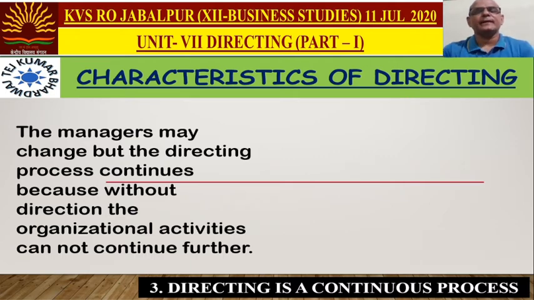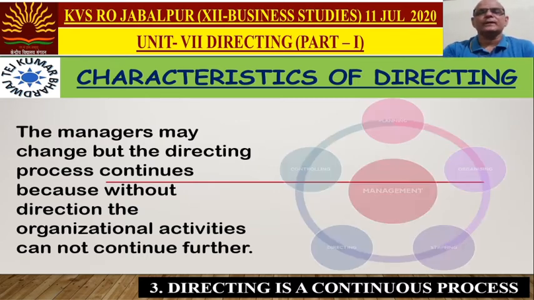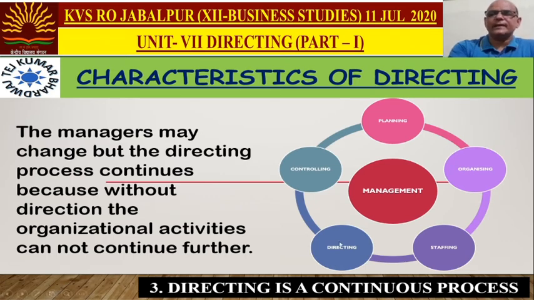It means it is a continuous process. So managers may change, but the directing process continues. Without direction, the organizational activities cannot continue further. So planning, organizing, staffing, directing, controlling, after that again planning, organizing, staffing, directing and controlling. So it keeps on moving in a circular path.